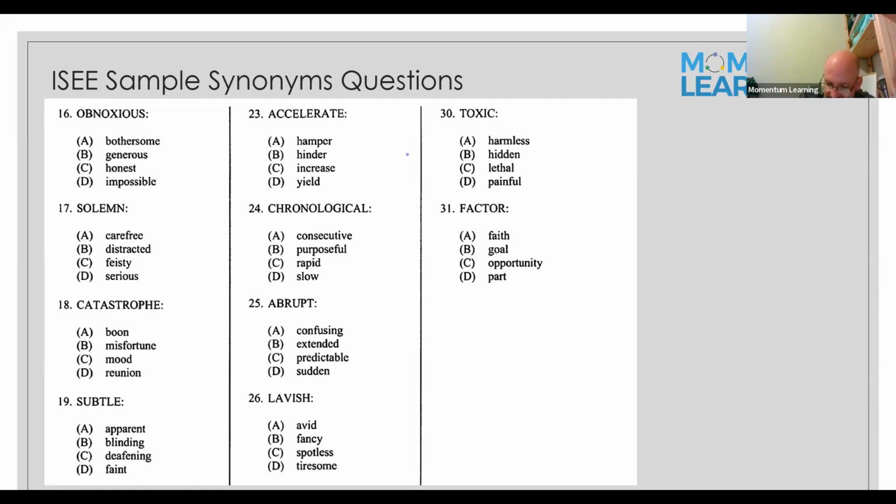So reunion is out. And we all have bad moods every once in a while, but putting mood and catastrophe or chaos as synonyms would be problematic.